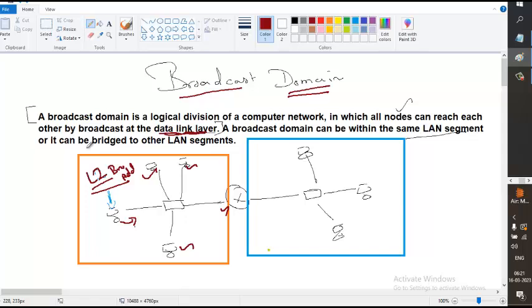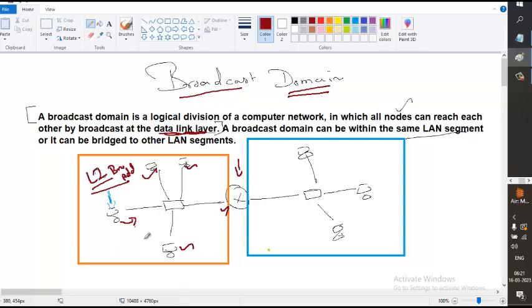But when we have devices in different LANs connected through a router, each LAN is a broadcast domain. So I have two broadcast domains.